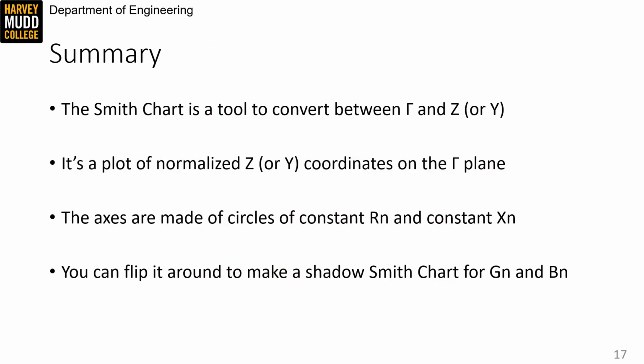So in summary, the Smith chart is a tool to convert between gamma and z or y. It's a plot of normalized z or y coordinates on the gamma plane. The axes are made of circles of constant Rn and constant Xn, and you can flip it around to make a shadow Smith chart for constant Gn and Bn.